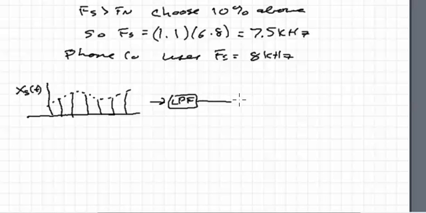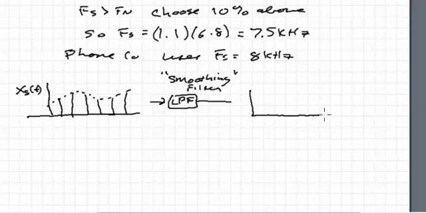Well, if we run this through a low-pass filter, a low-pass filter is just a smoothing filter. They call it a smoothing filter. It removes sharp edges. What it does is it actually kind of connects the dots. So we've got these samples, and the low-pass filter fills in, instead of the original signal, which is kind of zero in between these things.